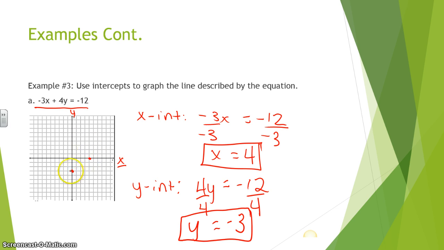Now I'm going to connect these 2 points. And that line right there represents the equation of negative 3x plus 4y equals negative 12. So you can graph these by just finding your x-intercept and your y-intercept.